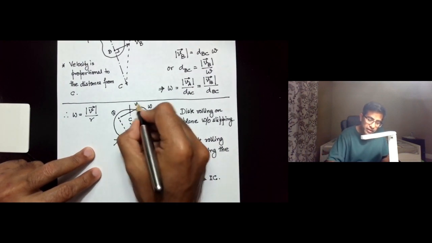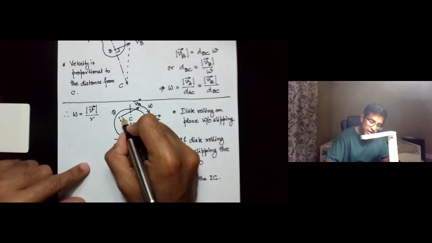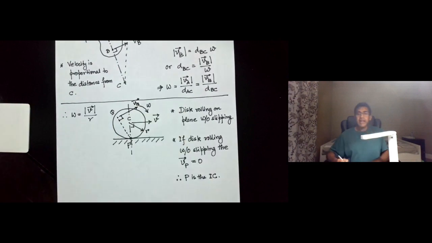I draw the vector VQ, right? So then I have the direction of the velocity of the point Q just using geometry and my knowledge of the instantaneous center.